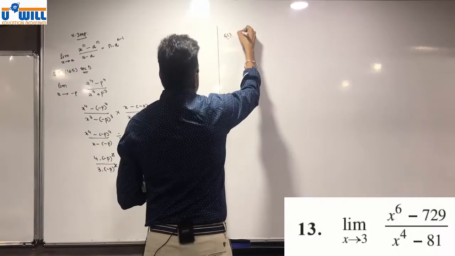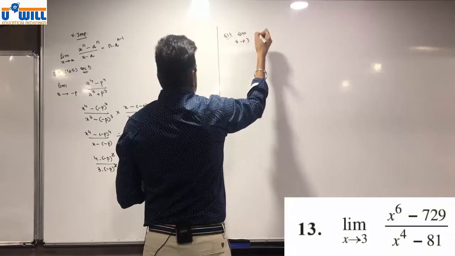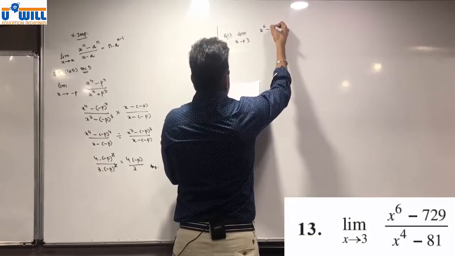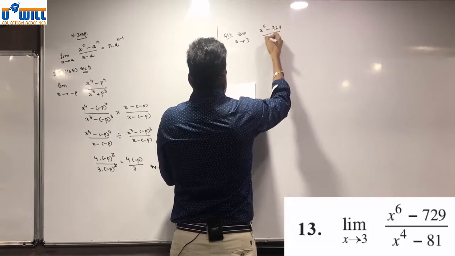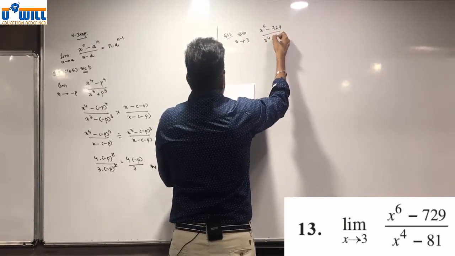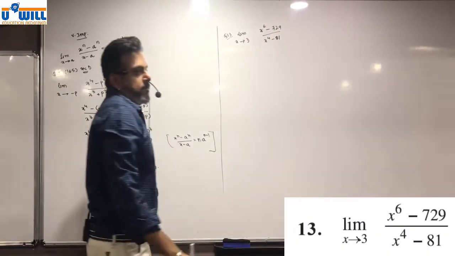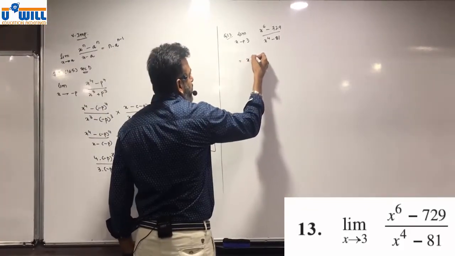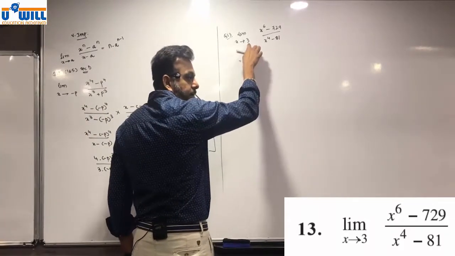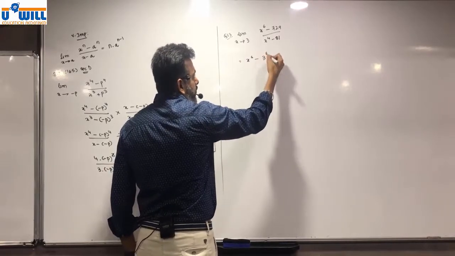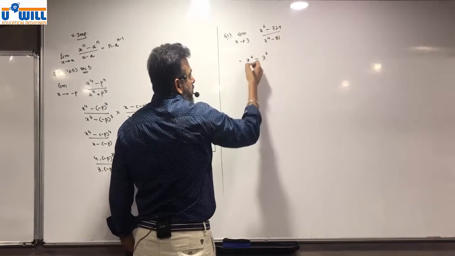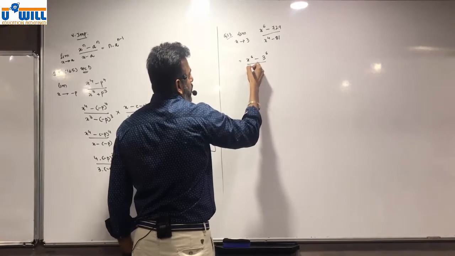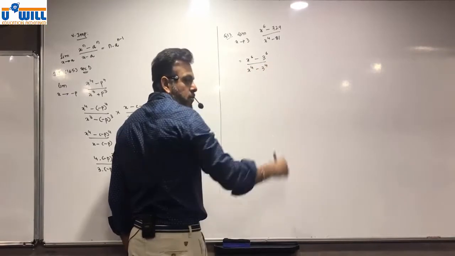Question 30. Limit x tends to 3. X raised to 6 minus 729 upon x raised to 4 minus 81. Now we'll simplify this. X raised to 6 minus, this is 3, so 3 raised to 6 is 729, upon x raised to 4 minus 3 raised to 4.